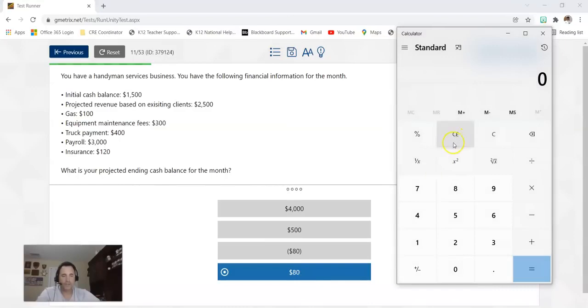So let me review that in case I just confused everybody. So we have $1,500. Then we're going to add the $2,500.